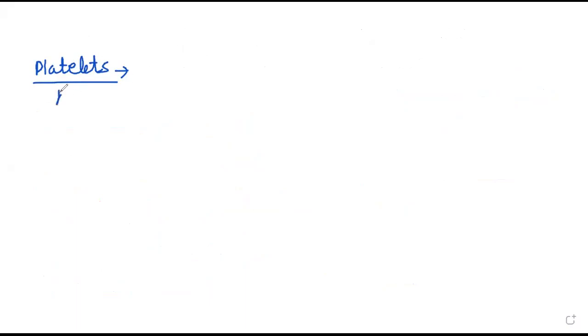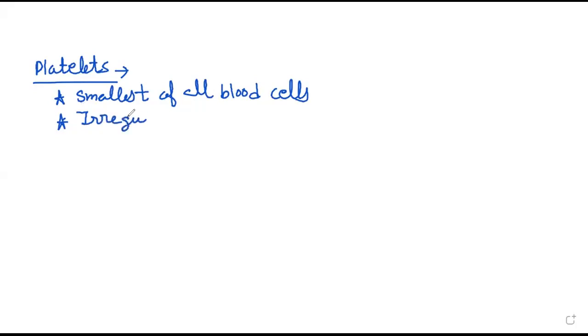These are the smallest of all blood cells, and they are also irregularly shaped.